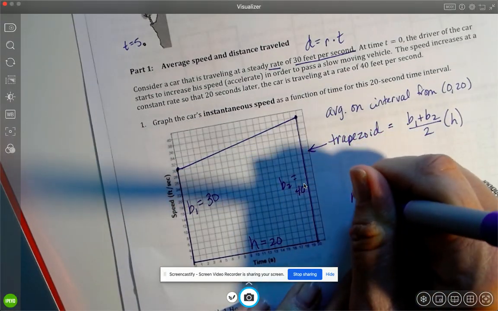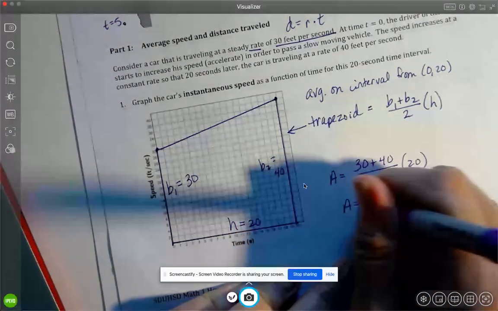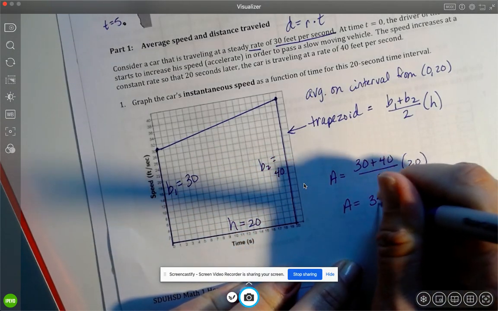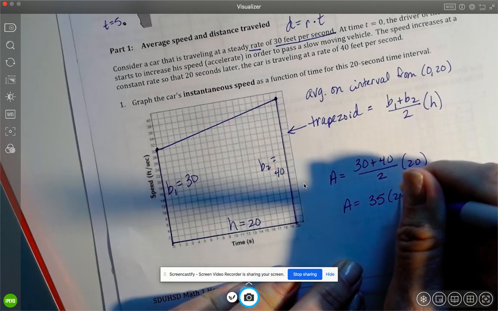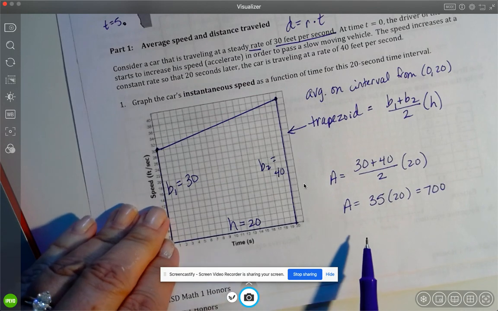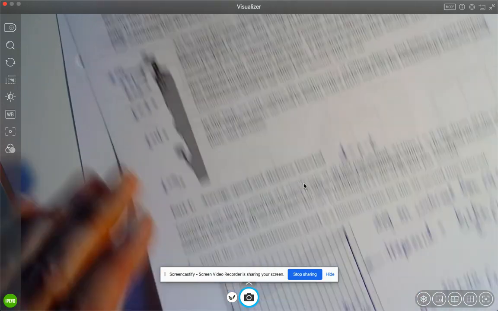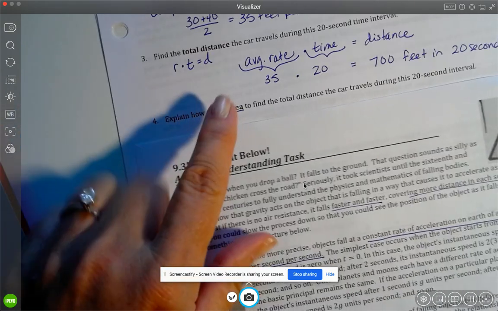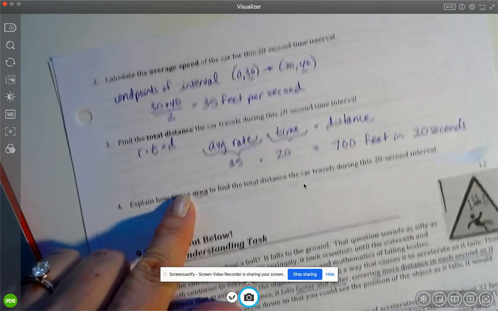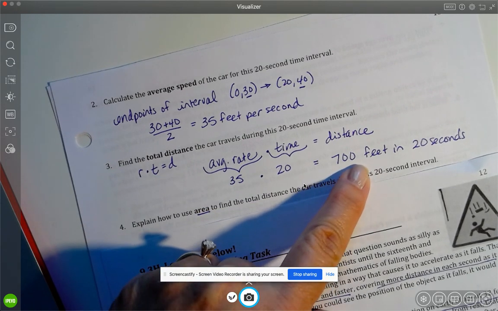I have area equals 35 times 20, which is 700. So if you notice, what we got when we used the average rate and the time to find the distance, it was 700 feet in 20 seconds.